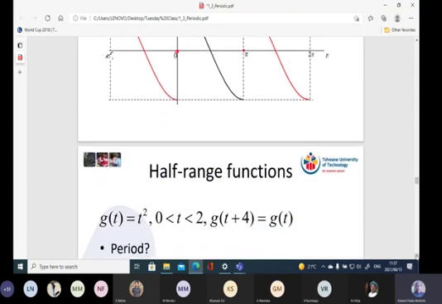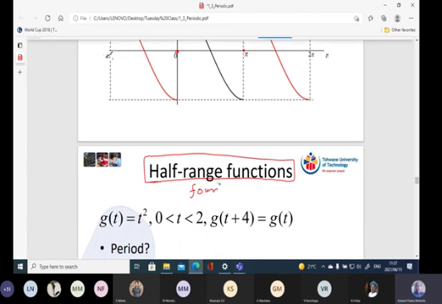Okay. Now, the next thing that we have to discuss is half range functions. So these things are very important. At some point, I'm actually doing the foundation for what we call Fourier series, which we'll do next year.